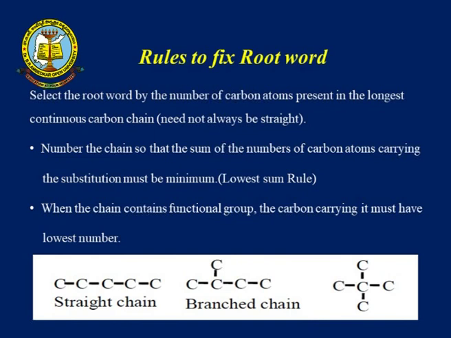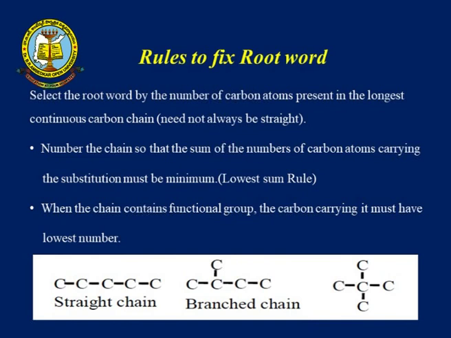Which is the longest chain now? So, this has to be selected. They should be numbered as 1, 2, 3, 4. From this side also you can number as 1, 2, 3, 4. But this is considered as the substituent and this must get the minimum numbering.